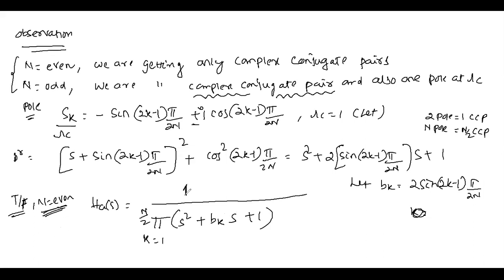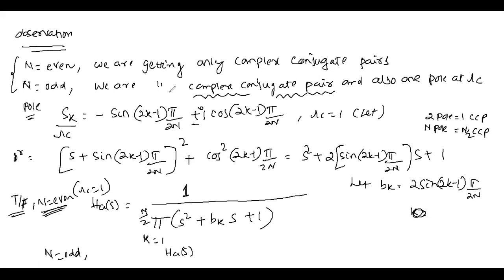Now, the same way I can write it for n odd. What is the difference if n is odd? We are getting complex conjugate pairs and also one pole at omega c. Let omega c equal 1, which I have taken.